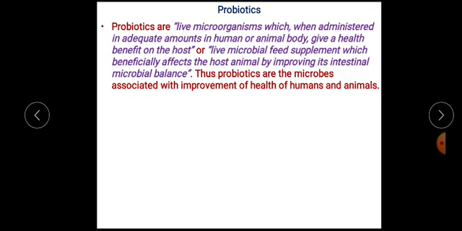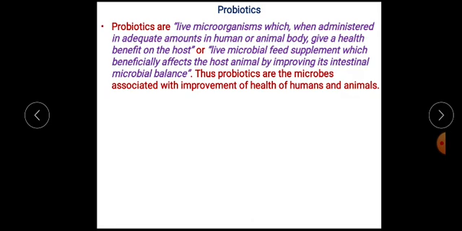Probiotic is nothing but the preparation containing these beneficial microorganisms which are artificially introduced in our body to stabilize the normal flora. The definition of probiotic: it is live microorganisms which, when administered in adequate amounts in human or animal body, give a health benefit on the host.